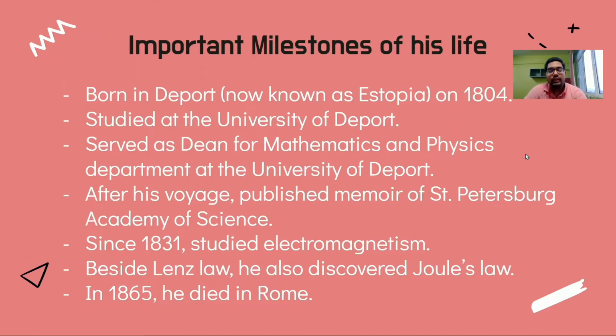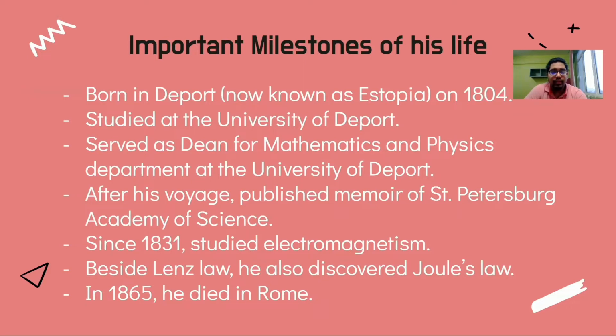After completing his secondary education in 1820, Lenz studied chemistry and physics at the University of Dorpat. After completing his education, he went on different voyages. On his third voyage, he studied climatic conditions and the physical properties of seawater. The results were published in the Memoirs of the St. Petersburg Academy of Science.